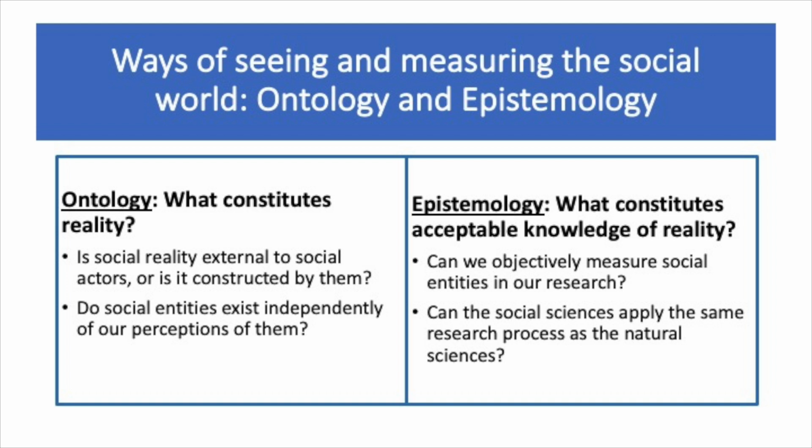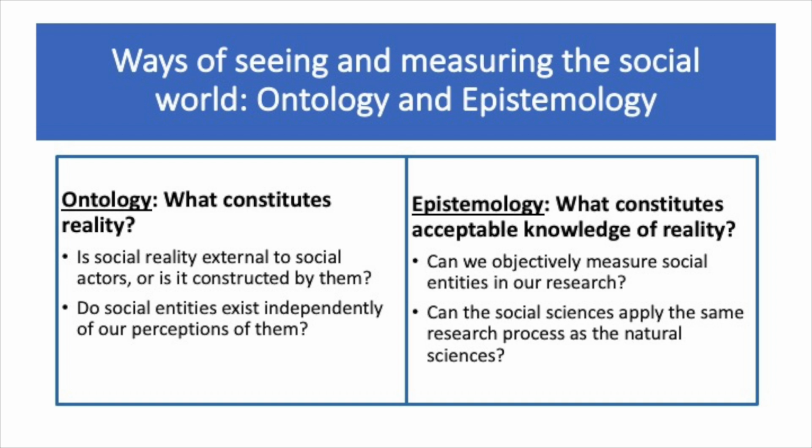Poverty differs across cultures, across countries, across parts of the world, and so maybe we need to study it in a somewhat different way. All right, so ontology is about what is real. What constitutes reality? It's very, very tied in with epistemology. Epistemology is concerned with what constitutes acceptable knowledge of reality. That is, how can we come to know reality?